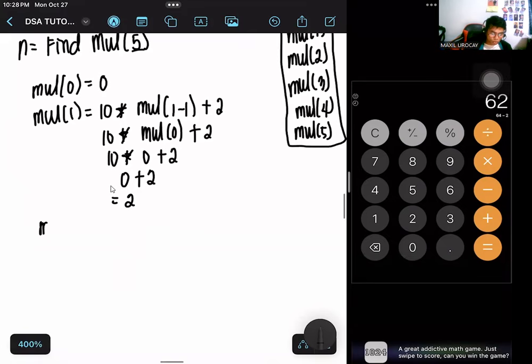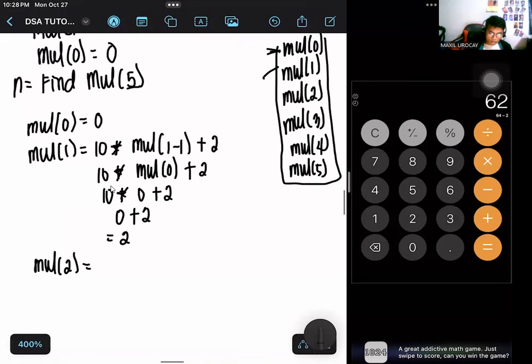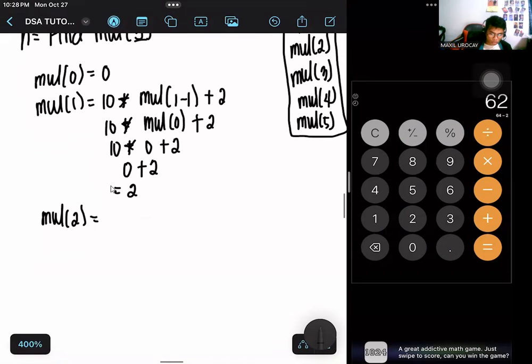Now, mul 2. Because we're done with mul 1, let's run mul 2. Your n right now is 2, so 2 minus 1 is 1.